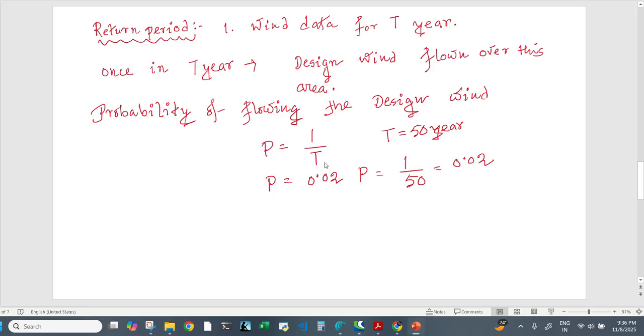This is the probability, and T is the return period.